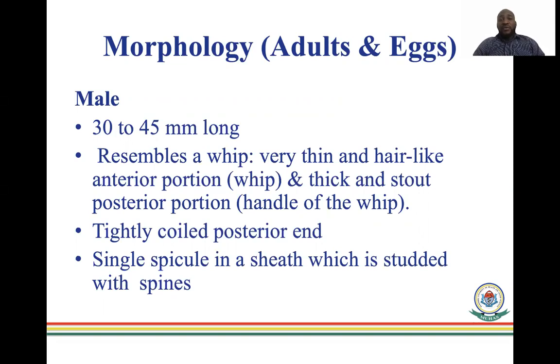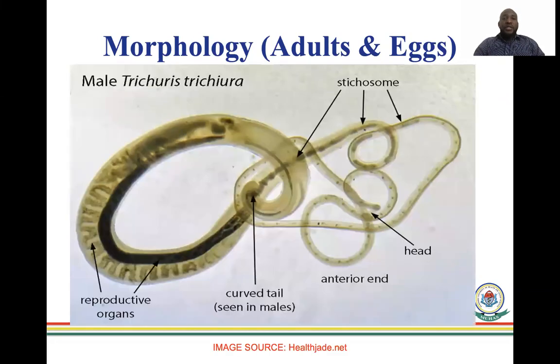It resembles a whip, with a very thin hair-like anterior portion and a thick, stout posterior portion, like the handle of a whip. For males, the back end is tightly coiled, and it has a single spicule. A spicule is like a penis, available only in male nematodes, and is used for sexual reproduction. So this is the morphology of a male Trichuris.